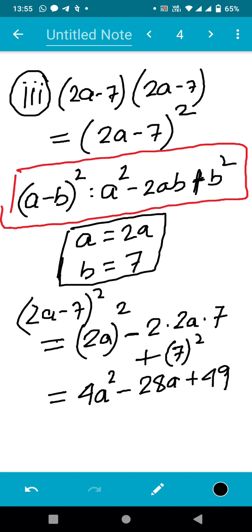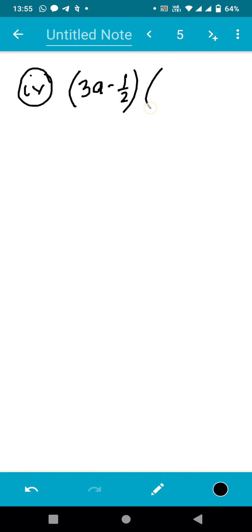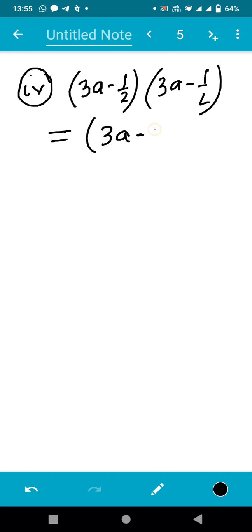Now let's move on to sum number 4. So what we have in sum number 4 is also very easy. So it is 3a minus 1 by 2, 3a minus 1 by 2. Fine, so we can write this form as 3a minus 1 by 2 whole square.